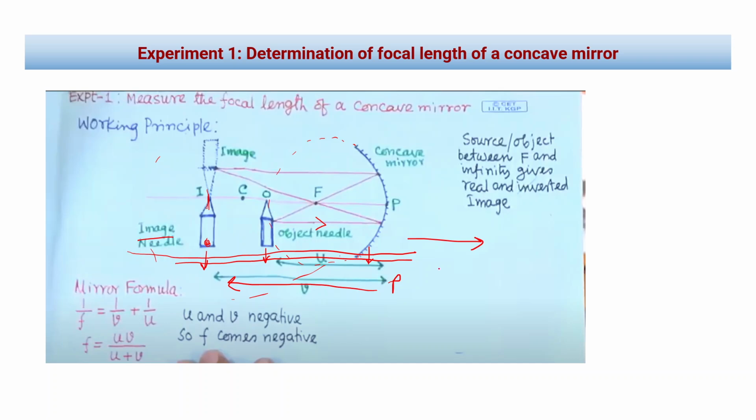So the object distance will be negative as per sign convention, and the image that is formed is also on the left side, so the image distance will also be taken negative. And focal length also, if I measure it from the pole, is in the opposite direction to the direction of incident light, so even the focal length will be negative.